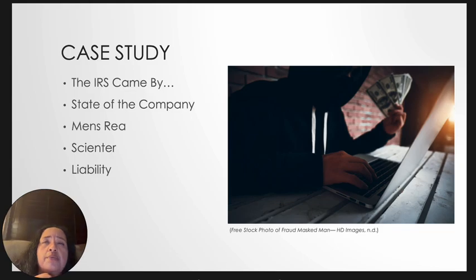So what we ended up discovering was she had been stealing. She had been using company credit cards for personal use. We all took pay cuts, and she gave herself a raise. Even the president of the company took a pay cut, and she still gave herself a raise.